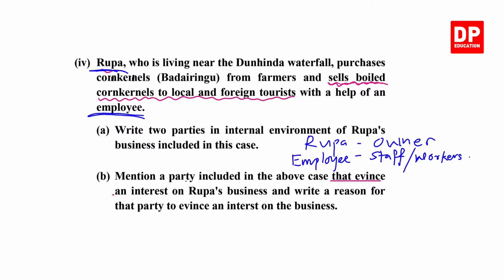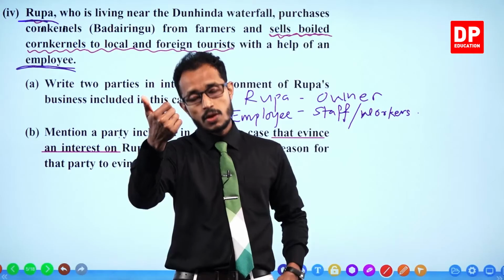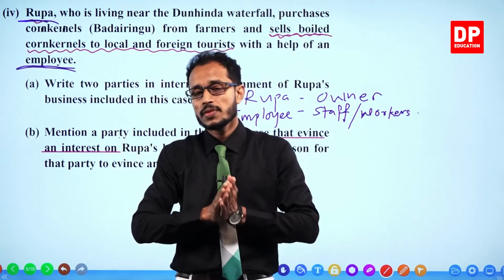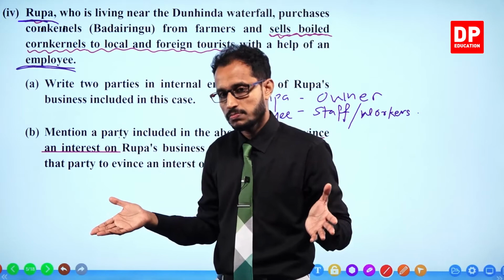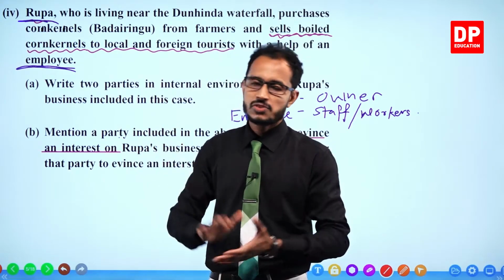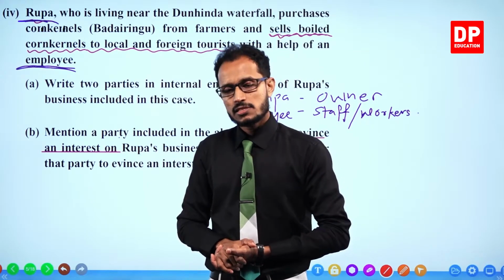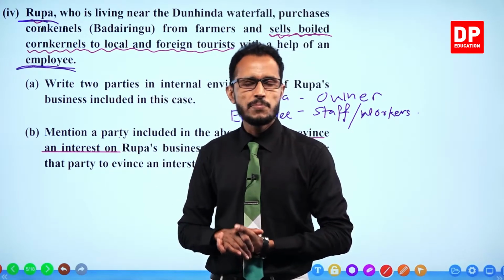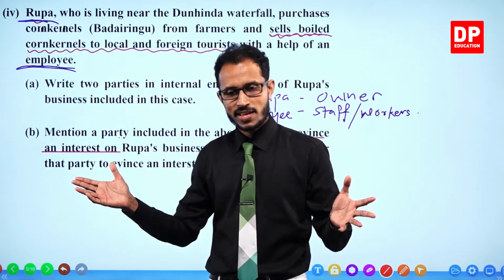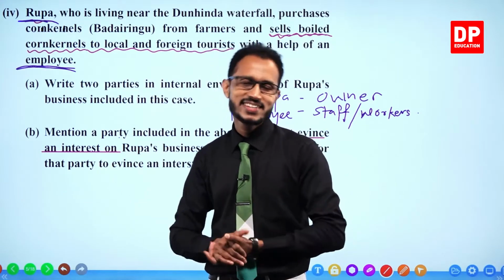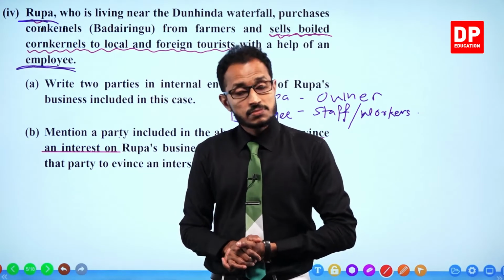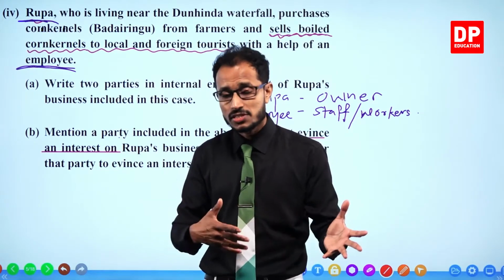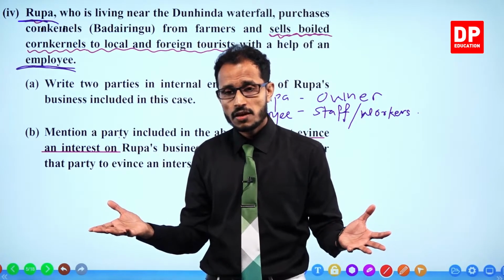Evince an interest. So you tell me now, what do you call the parties, the people who have an interest in a business? In this subject, there is a specific word, a beautiful word for the people who have an interest in businesses.